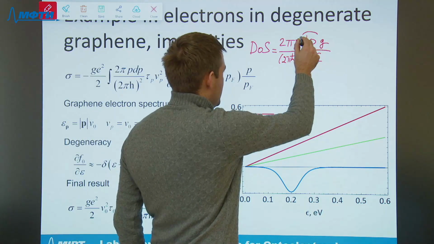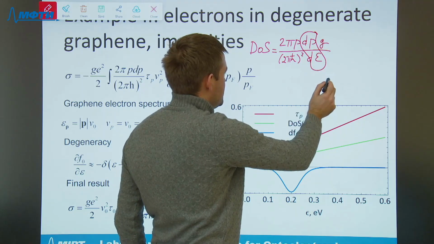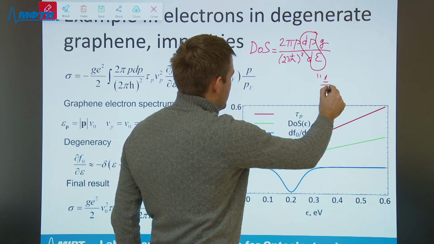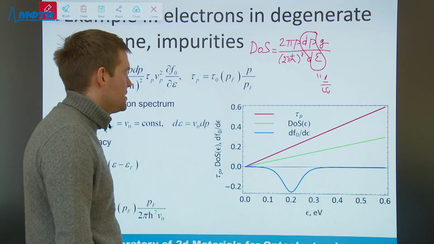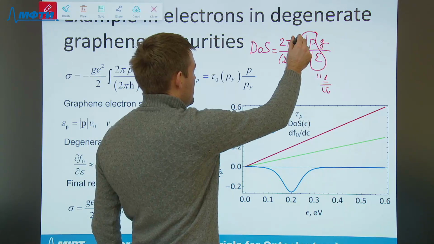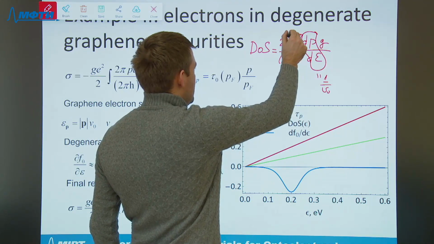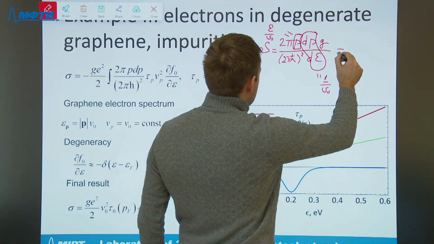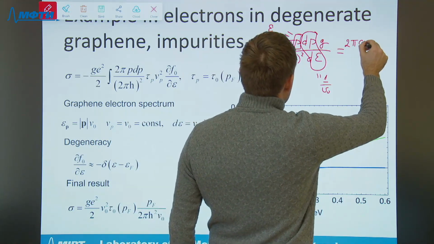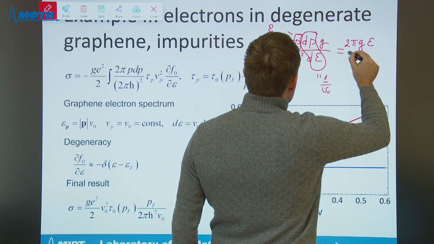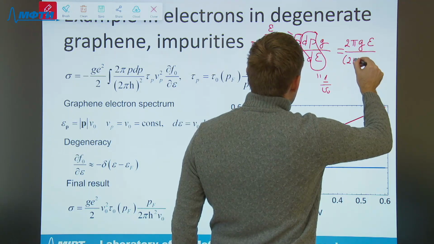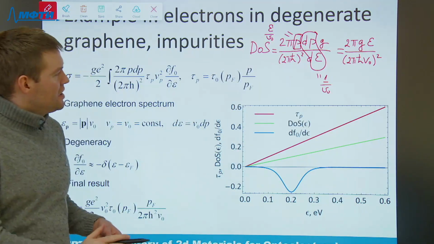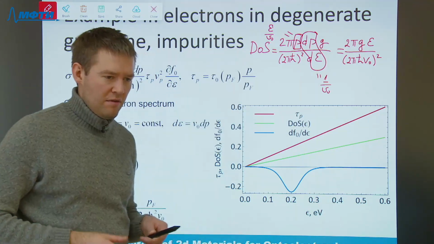By dividing delta momentum and delta energy by each other, we get nothing but 1 divided by the characteristic velocity, and the remaining momentum is the energy divided by the characteristic velocity. So the result is 2πg energy divided by (2πħ characteristic velocity) all squared. You see, it is a linear function of energy.